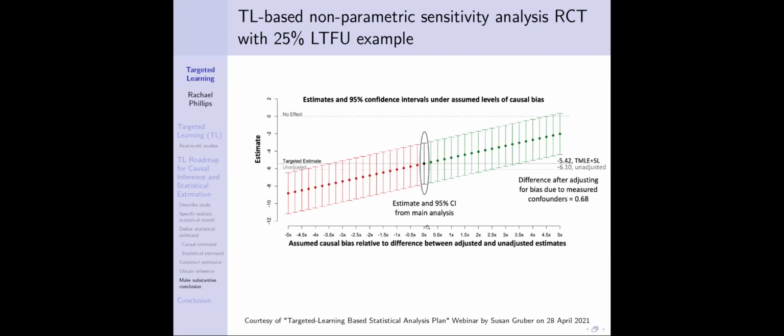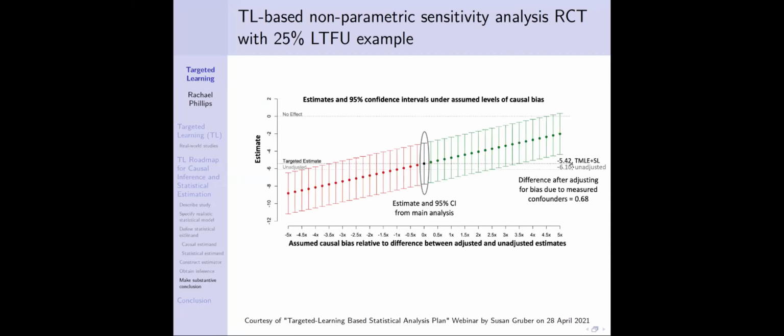So what we do is define what this x is, or a delta that we can assume is the causal bias. And the way that we define different levels of causal bias is that we looked at the difference after adjusting for measured confounding. In particular, we ran an analysis without adjusting for any confounders, and then ran an analysis where we robustly adjust for confounders.